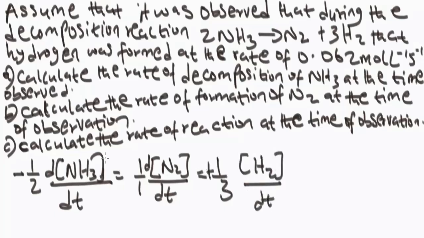We put plus here, showing that it appears in the products. This minus signifies that ammonia disappeared.